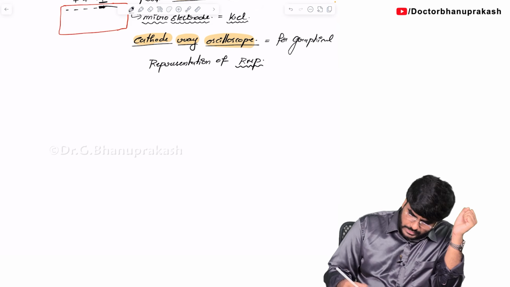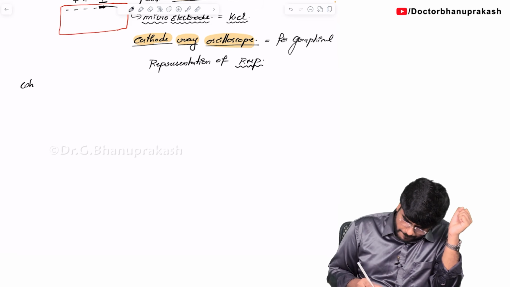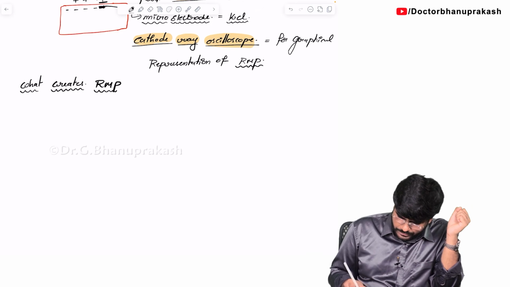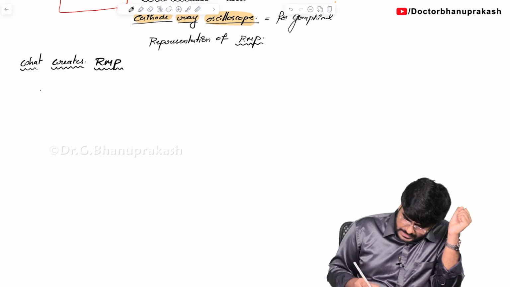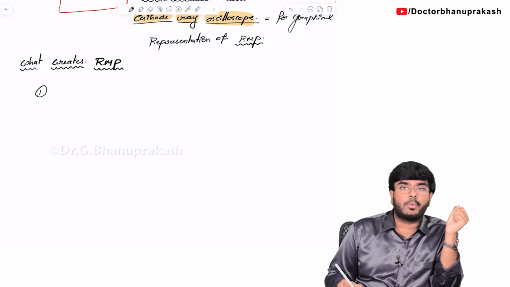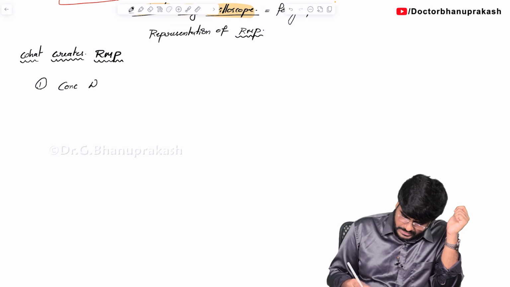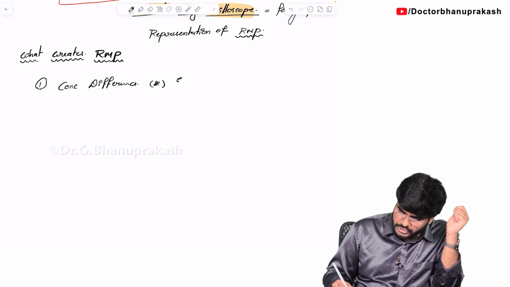Okay, so take the heading: what creates the resting membrane potential? Who creates this resting membrane potential? Now the number one reason for the development of the resting membrane potential is concentration difference, or you can say uneven distribution.